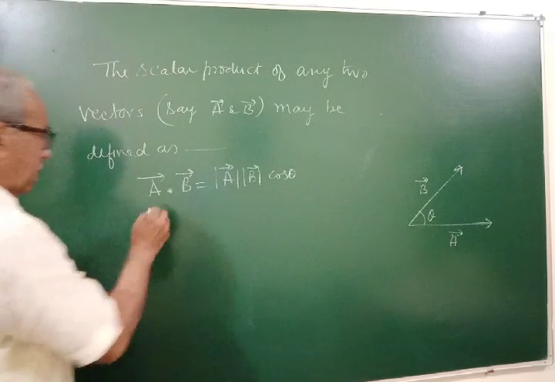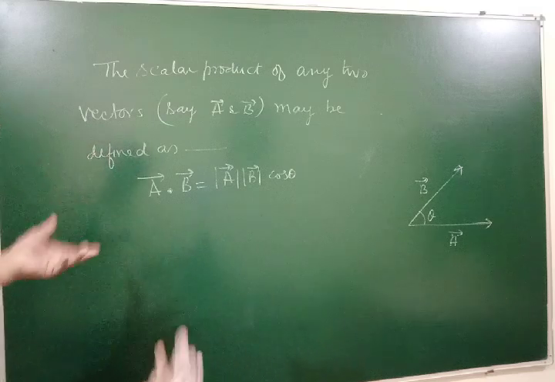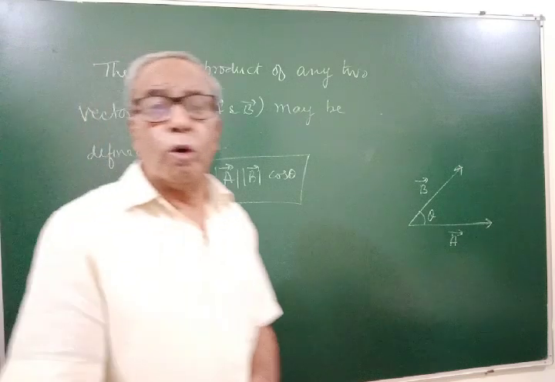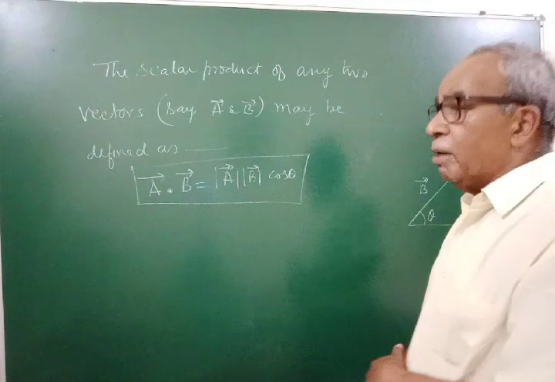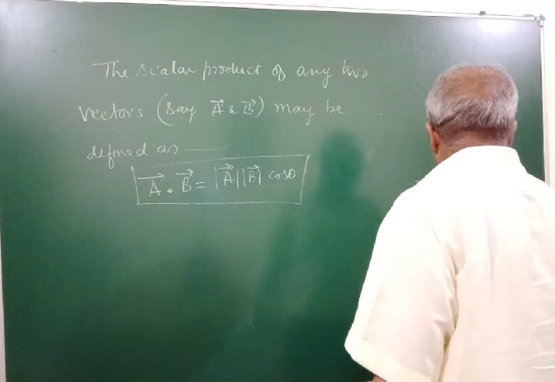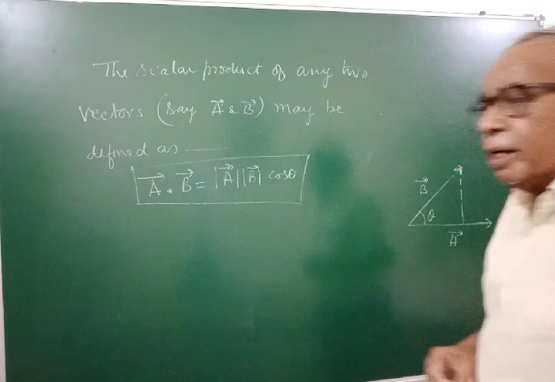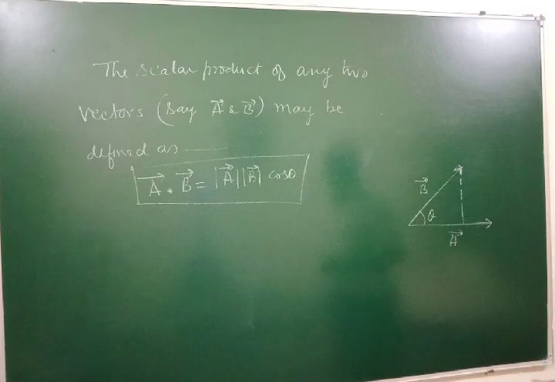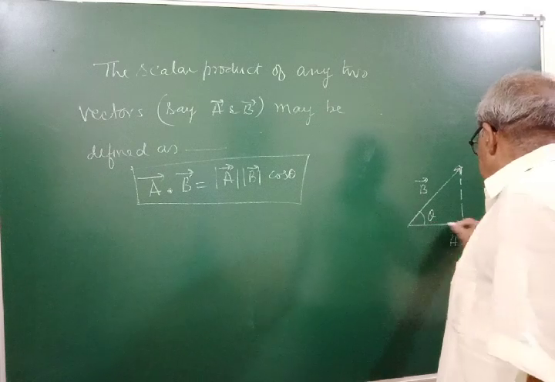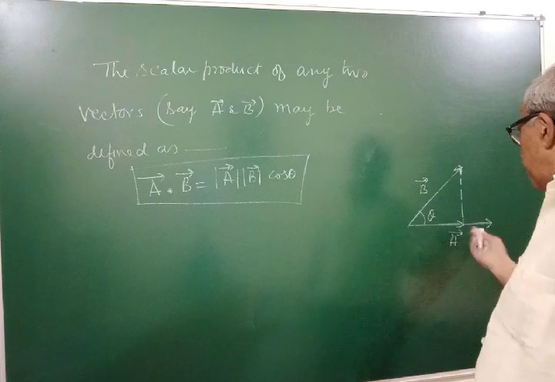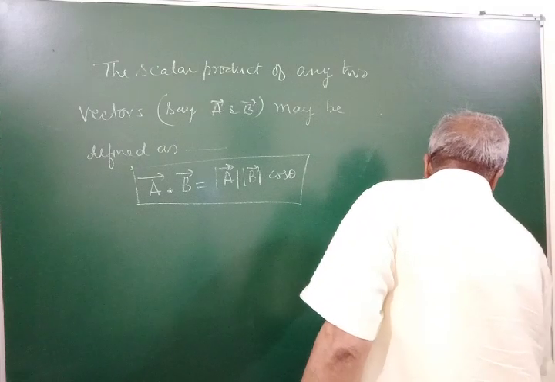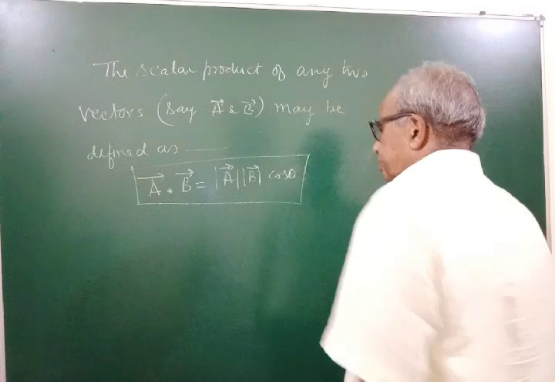Some people don't accept that. But what is the definition? This is the only definition: A dot B equals modulus A modulus B cos theta. There is one more fact. If I draw a perpendicular here, I have told you how to resolve a vector. If I find the component of B along A, this much, this is called the projection of B on A. This projection will be modulus B cos theta.